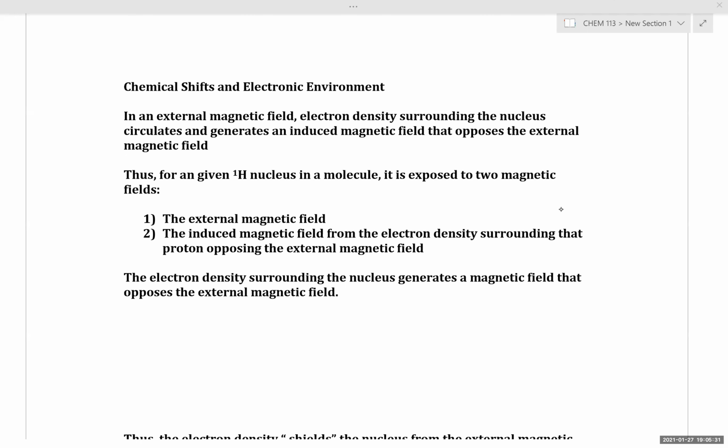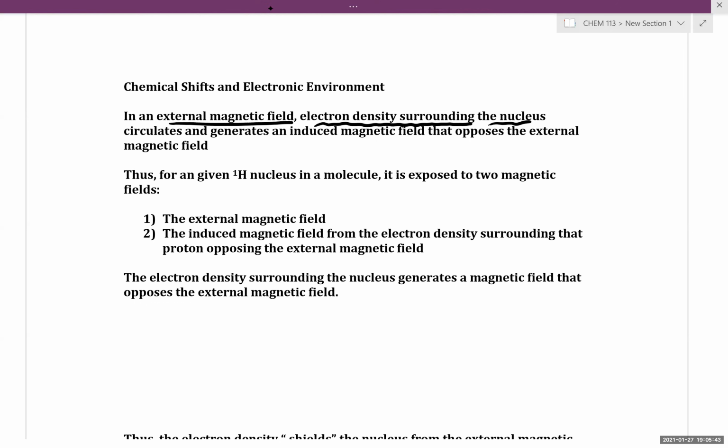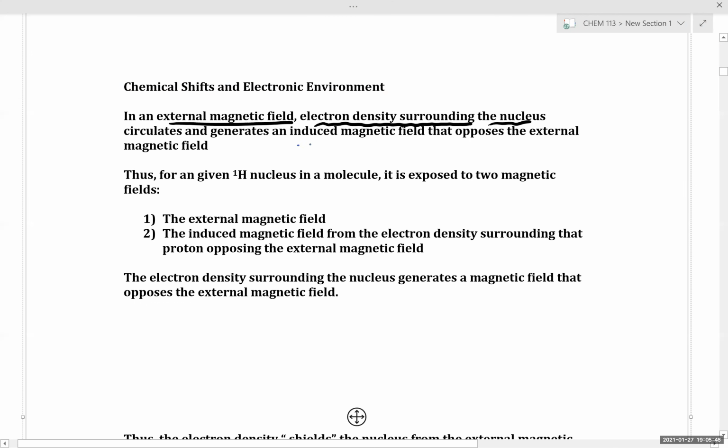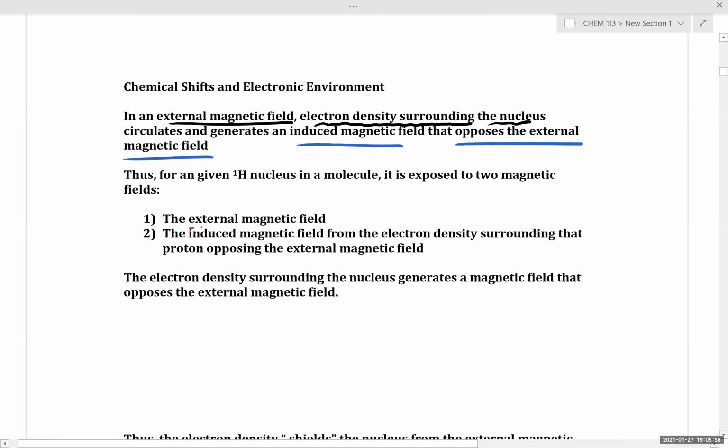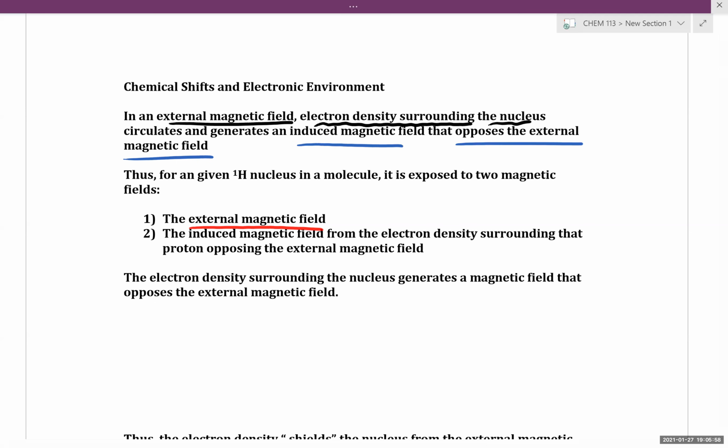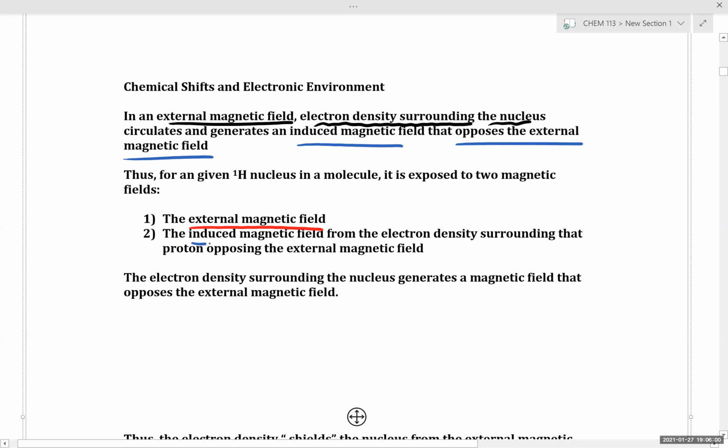So, in an external magnetic field, the electron density surrounding the nucleus will generate what's known as an induced field. And this induced magnetic field opposes our external magnetic field. Thus, a given hydrogen nucleus is exposed to the external magnetic field and the induced magnetic field generated from the electron density surrounding that proton.